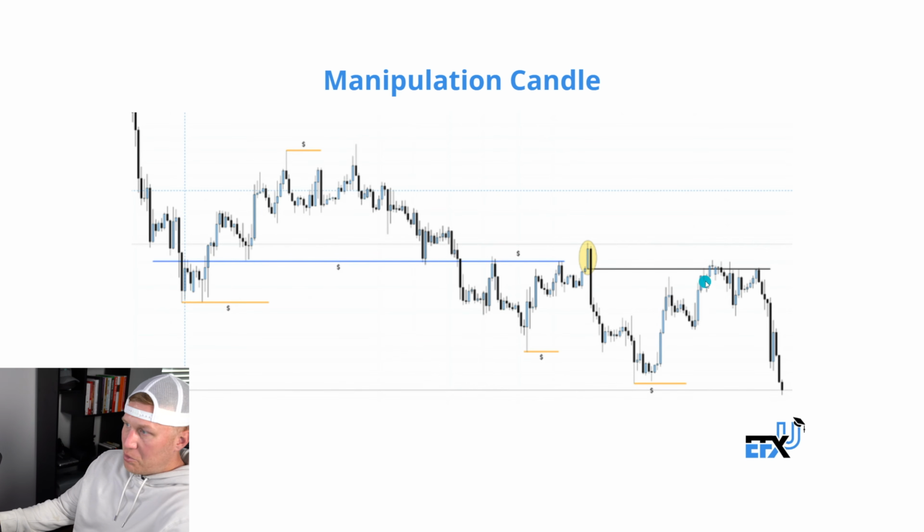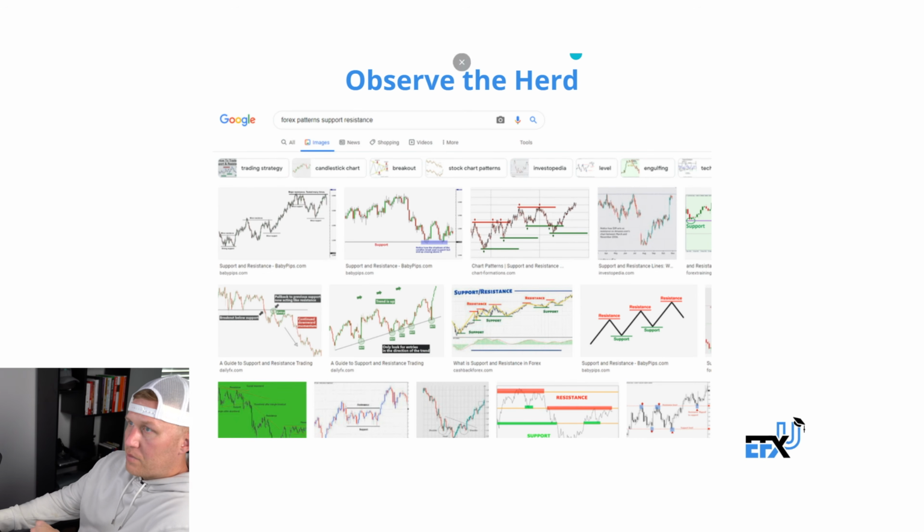Price aggressively pushes up, runs on this high, but respects our manipulation candle. Our stop loss would be safe above the high here. Then we can see it's starting to break down, nice little test, and then aggressively attacks the low, and ultimately this low here, creating a new lower low.